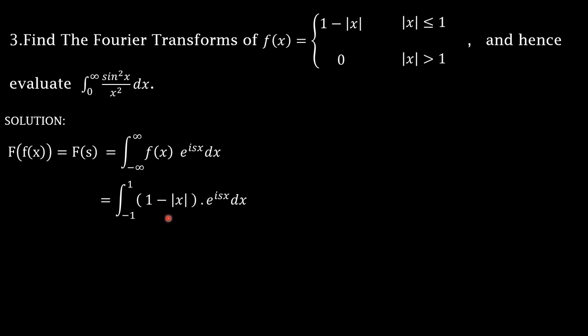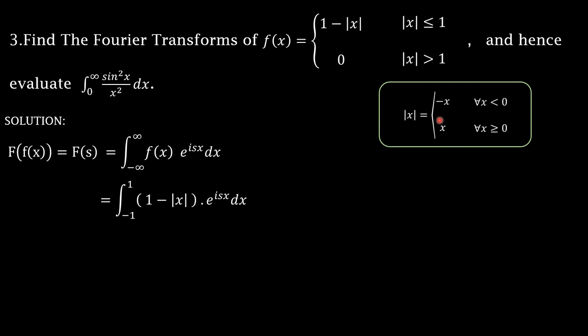And what is the function in the interval minus 1 to 1? The function is 1 minus mod x, right? And from the definition of mod x, we know that mod x is equal to minus x for all those x less than 0, and it is equal to x for all x greater than or equal to 0, right? So, let me divide the interval minus 1 to 1 as minus 1 to 0 and 0 to 1.